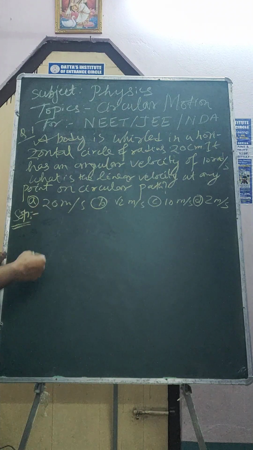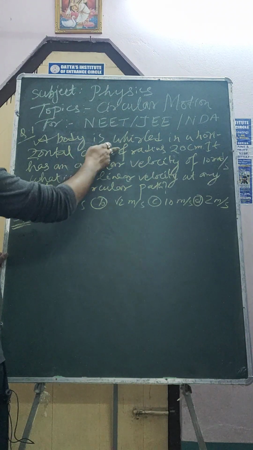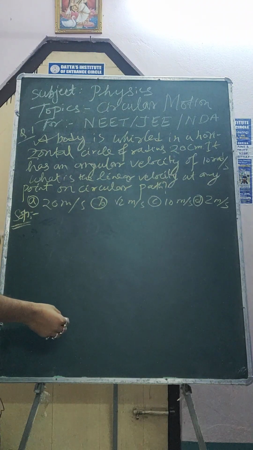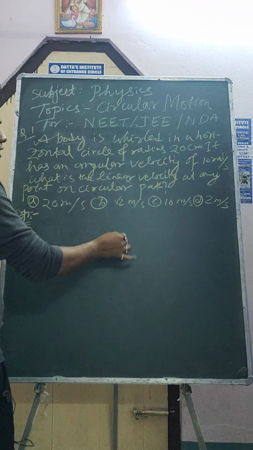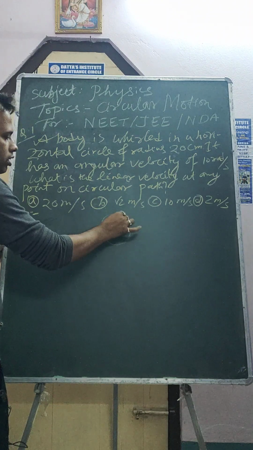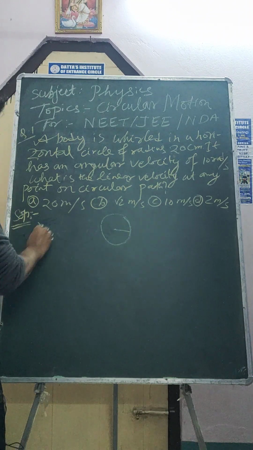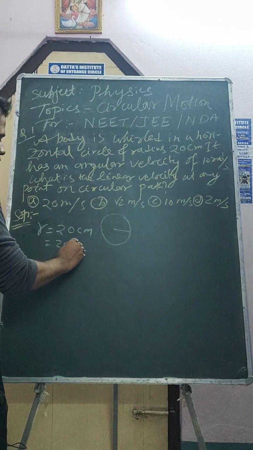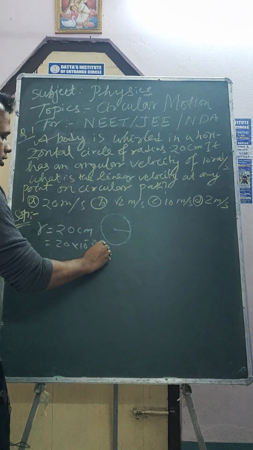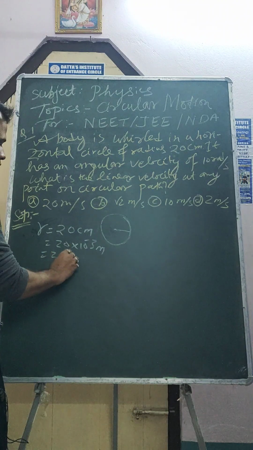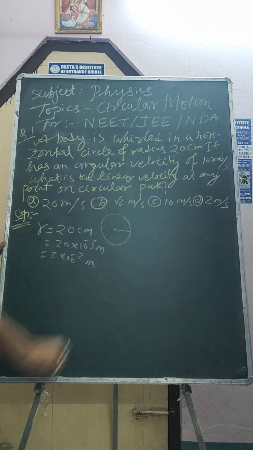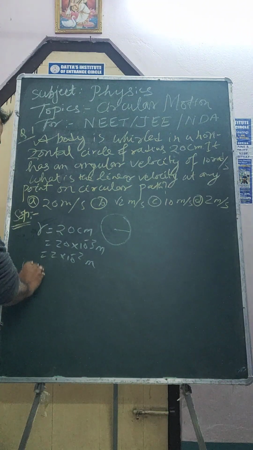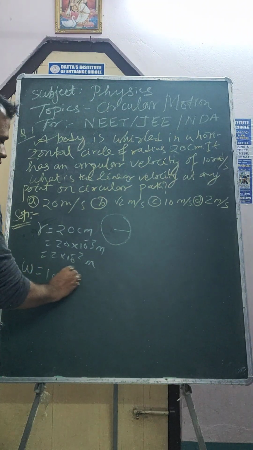So what is given? We have to find out first. A body is whirled in a horizontal circle. The radius is given, 20 centimeter, that is 20 into 10 to the power minus 3 meter, that is 2 into 10 to the power minus 2 meter. Okay, radius I found. The angular velocity omega is equal to 10 radian per second.